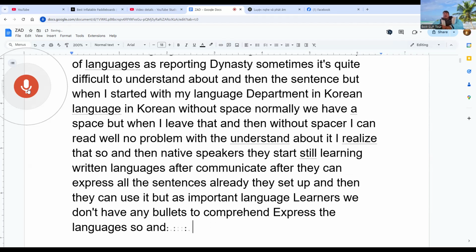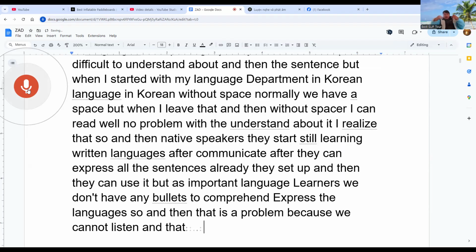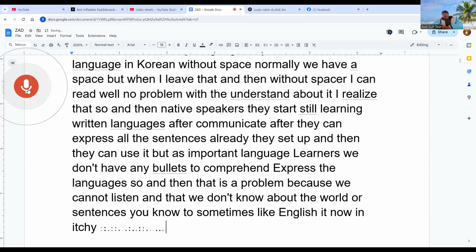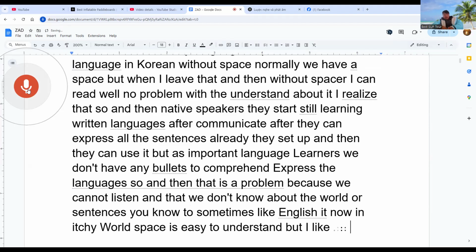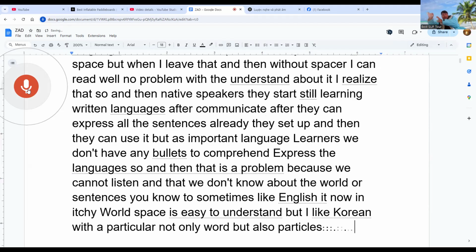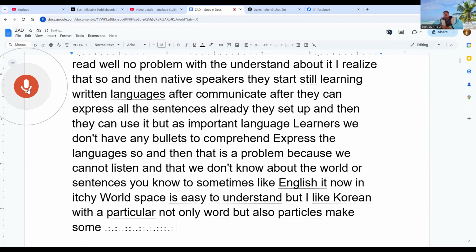That is a problem, because we cannot listen and we don't know the words or sentences. Like English, where each word has a space, it's easy to understand. But with Korean particles, not only words but also particles create some complication for learners.